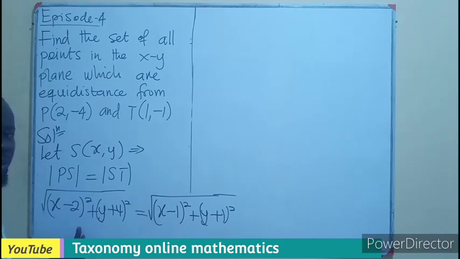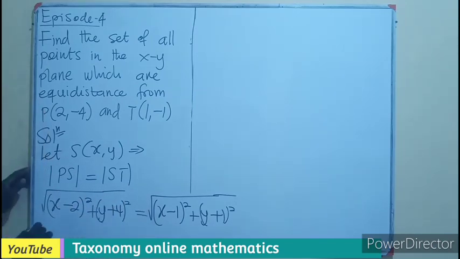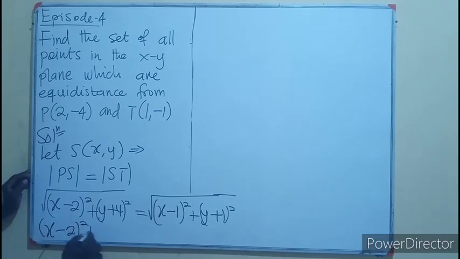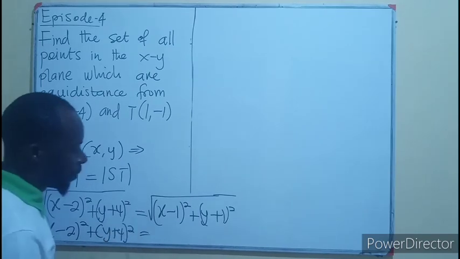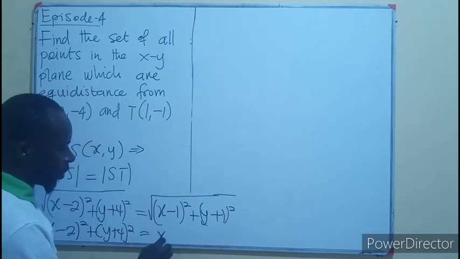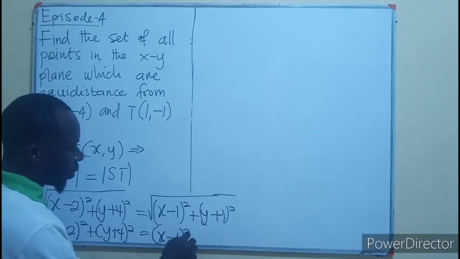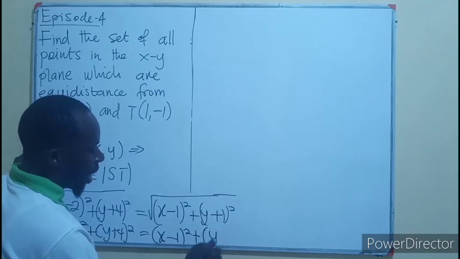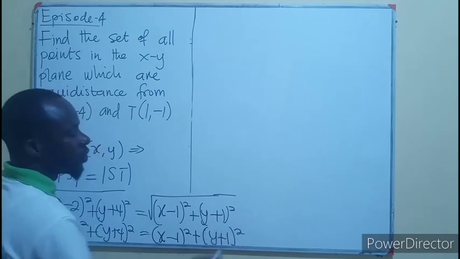So from here we have square root equals square root, so we square both sides to cancel the square root. You'll be left with only x minus 2 all squared plus y plus 4 all squared, equals x minus 1 squared plus y plus 1 all squared.